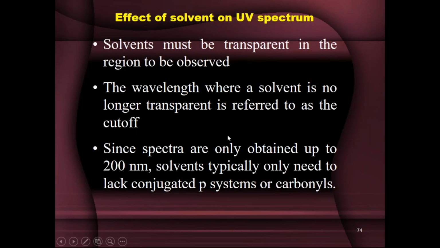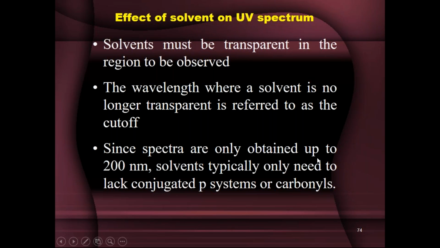But above 210 nanometers, it will be transparent. So the wavelength where a solvent is no longer transparent, in the example I gave, 210, is referred to as the cutoff wavelength for that solvent.